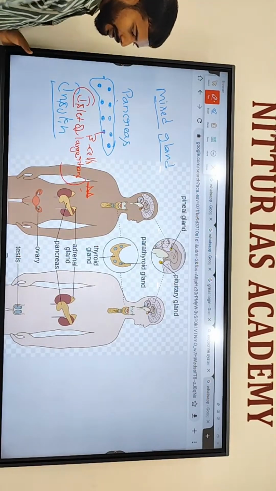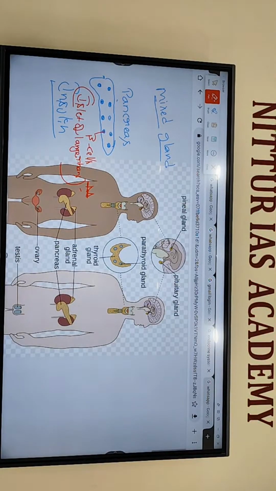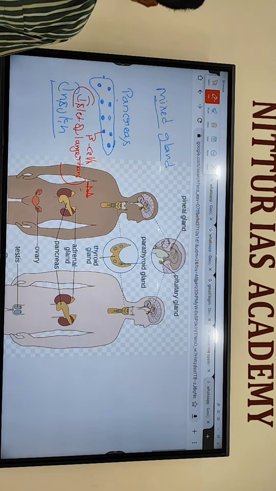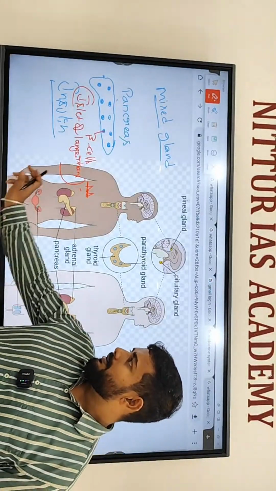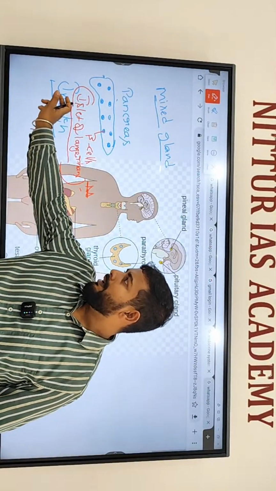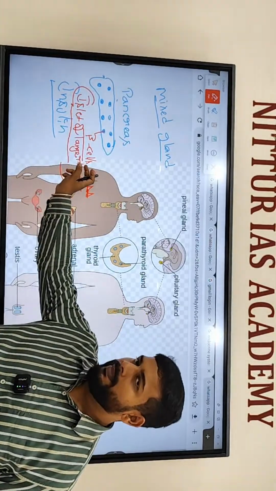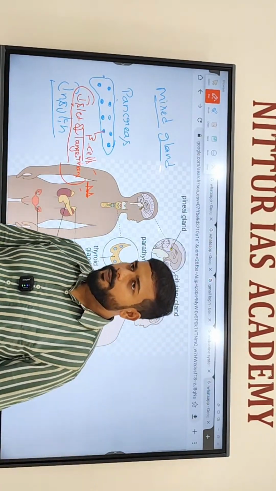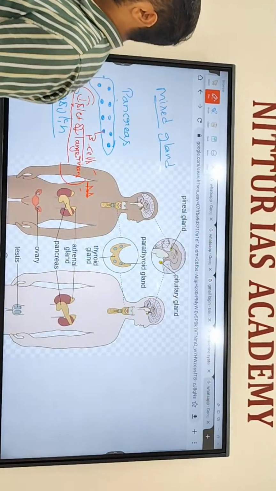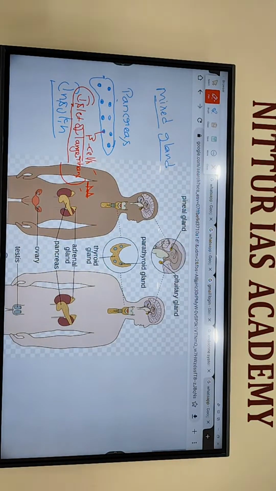In a question, they have asked earlier where exactly inside the pancreas insulin is produced. Inside the pancreas, in the islets of Langerhans, or we can call them beta cells, the insulin is produced. Islet of Langerhans, the S is silent.